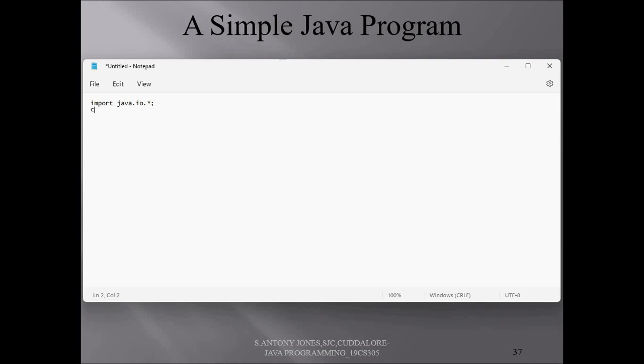Then we go for the class, followed by the class name. For example, let us have a class name as XYZ. Next, having the process, we are going to have our main function, followed by our output function.